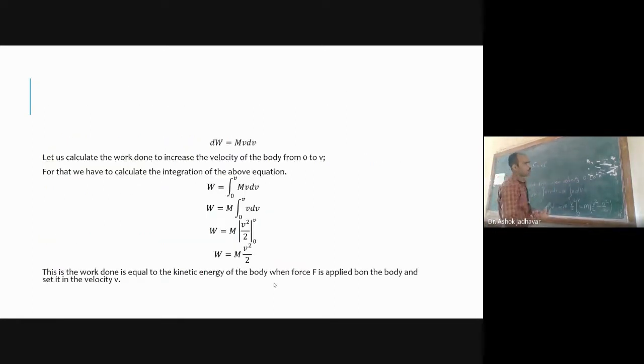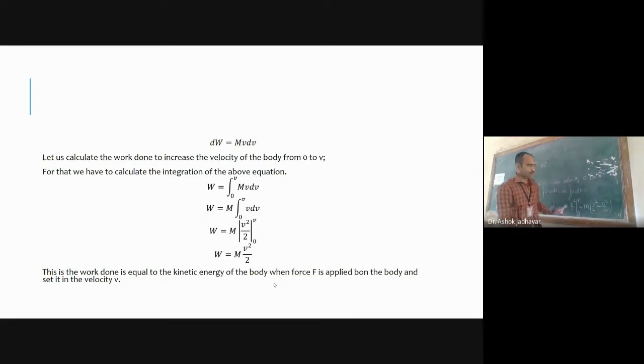To determine the total work done when your body is set in some velocity v from its initial rest position, we have to integrate the equation. So if I integrate dW, we will get W, and the integration of mv dv from 0 to v will be mv square by 2, from 0 to v.